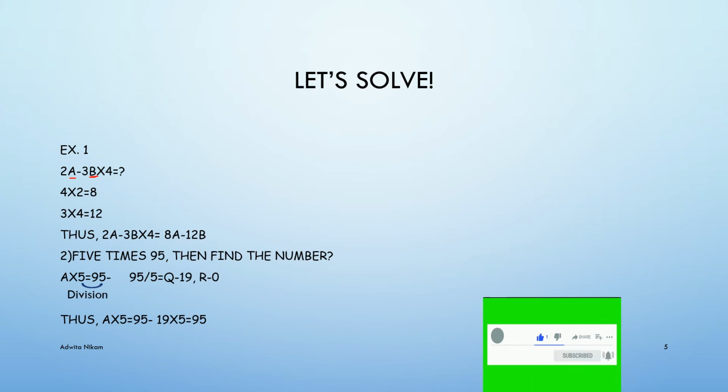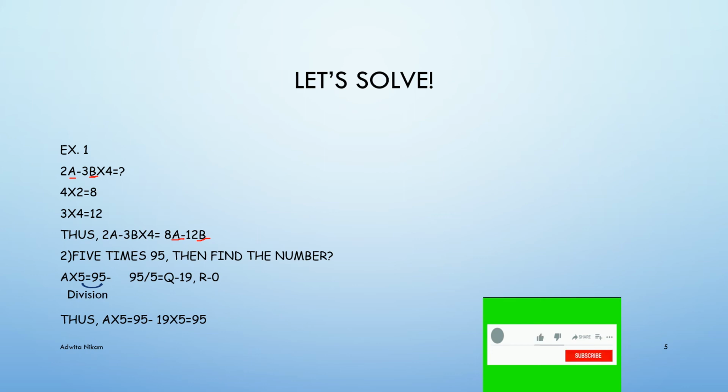As I told you, these letters will remain the same as they are not like terms. If it would be 2A minus 3A or 2B minus 3B, the situation would be different. Okay, so we will not go deeper in this.